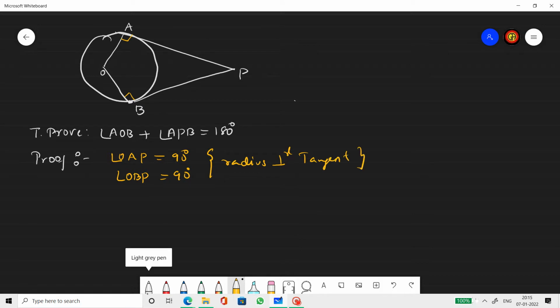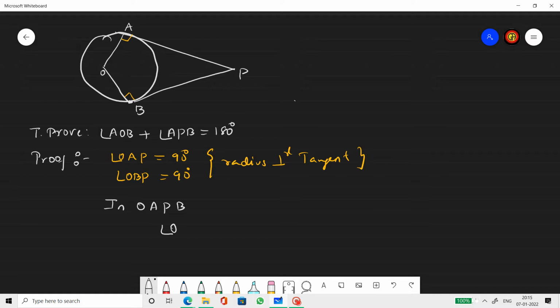Now, in quadrilateral OAPB, the sum of angles of a quadrilateral is 360 degrees.